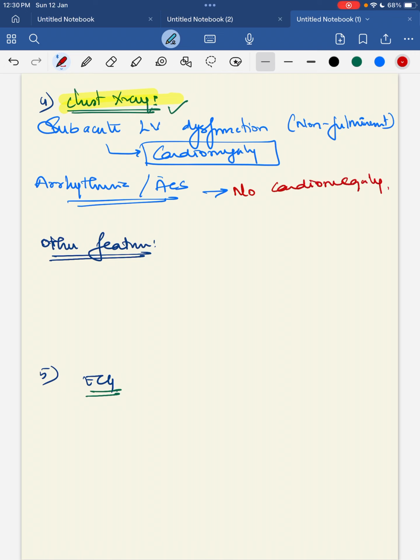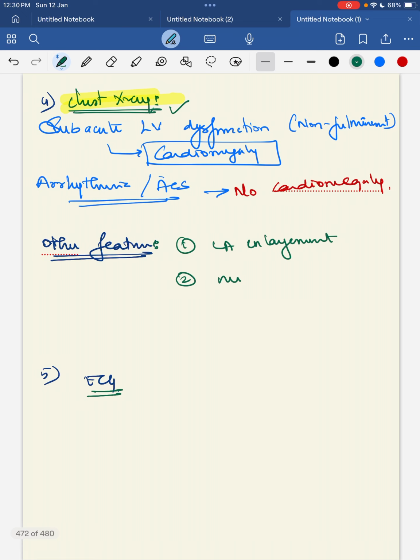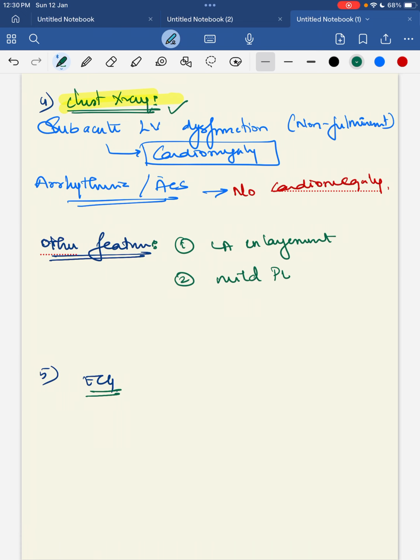So the triad of myocarditis in ECG features are sinus tachycardia, low voltage complex, mainly in your precordial leads, and third one will be your ST and T changes. This is the triad of ECG changes in a child with myocarditis. Yes.